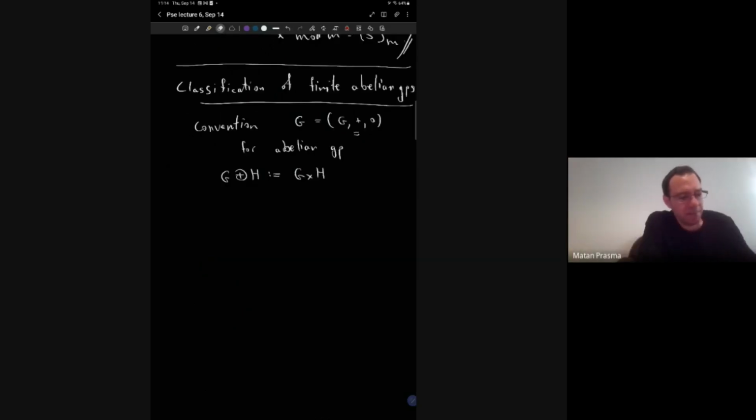Right. So the first thing we can do about classifying a finite abelian group is generalize this result we saw before the break.